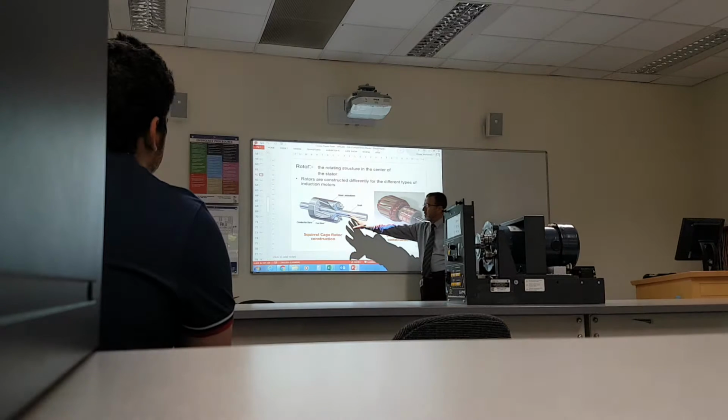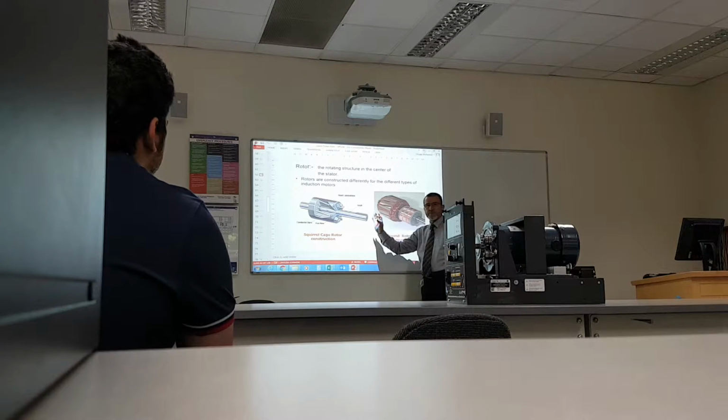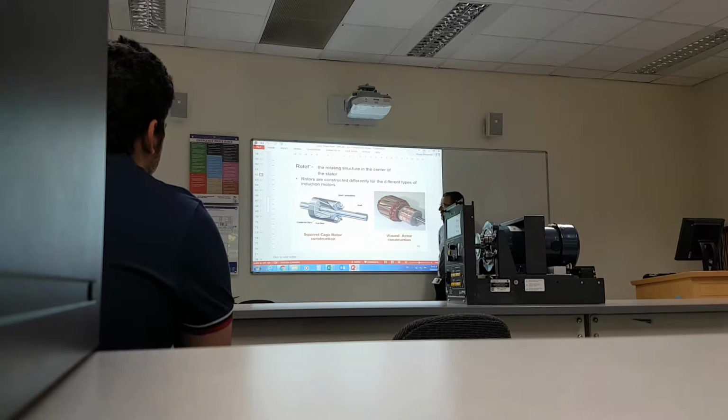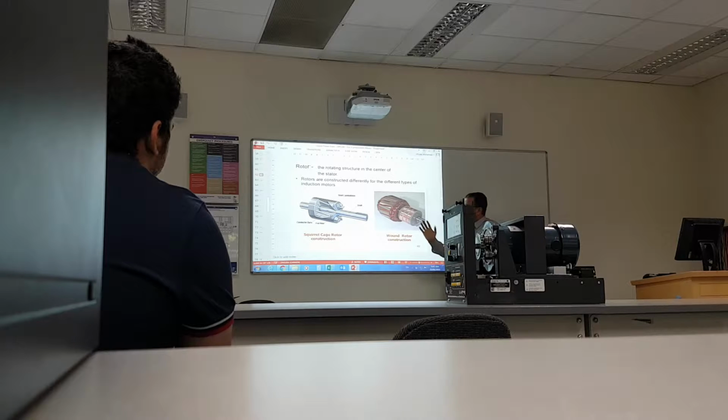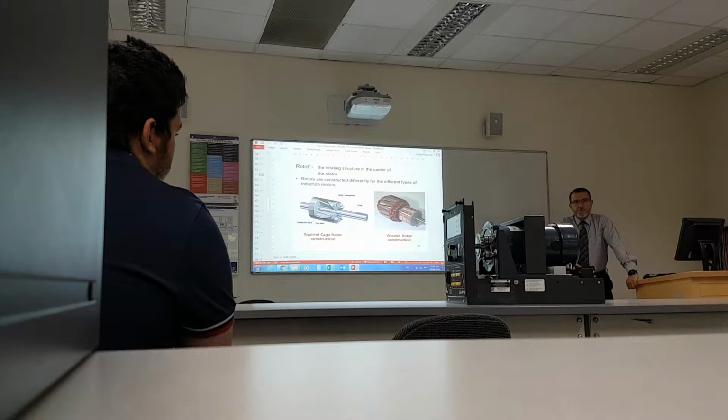It's completely disconnected from the external board. It's just the cage inside the motor, sitting right inside the stator windings, and the action of the rotating magnetic field causes current to flow, causes torque to be produced, for the rotation.